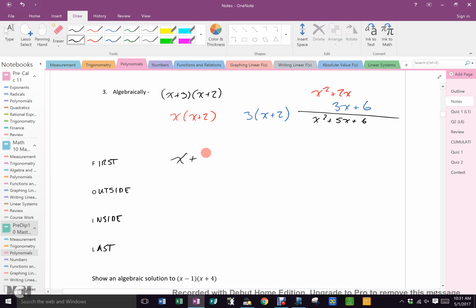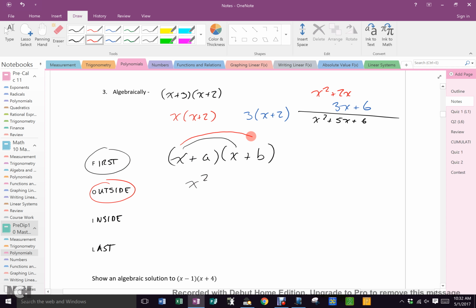So, x plus a, x plus b. First, we'll do in black, x squared. Outside, we'll do in red, the outside 2 plus bx. Third, we'll do in blue, the inside 2 plus ax.